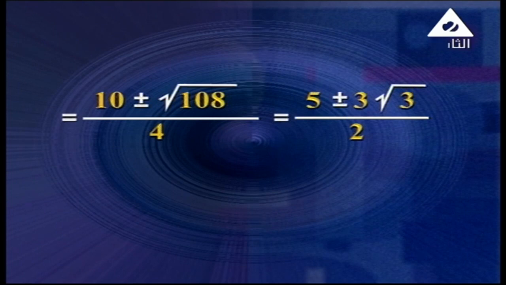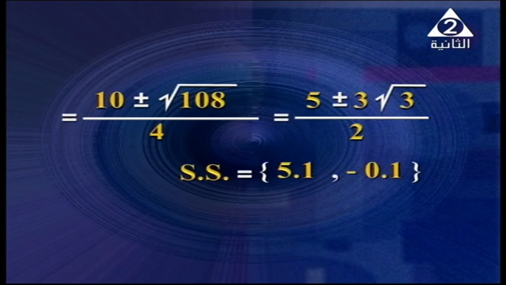And by substituting for the value of root 3 by using your calculators and then making the approximation, you are going to find that the solution set will be 5.1 and negative 0.1.